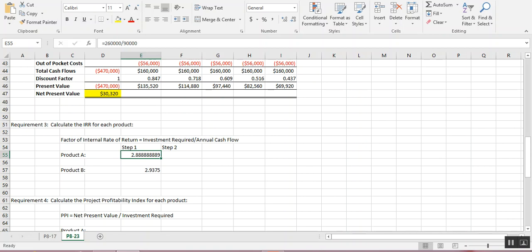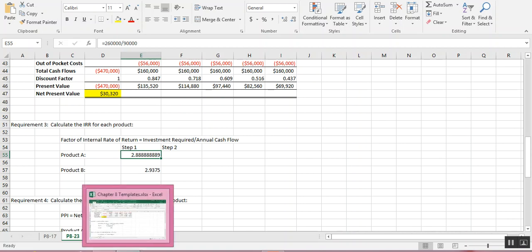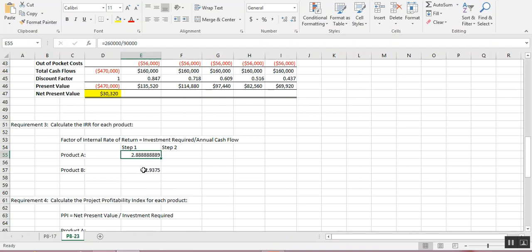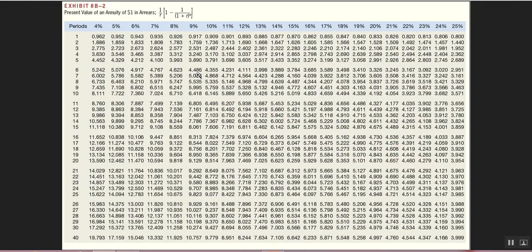So we're going to use chart 2, and it says for product A, our factor was 2.888888 or 2.889 if you want to look at it that way. So we're going to jump back over here, and we are looking for a project that lasts 5 years. So we're going to be working with this line that is a 5-year line.